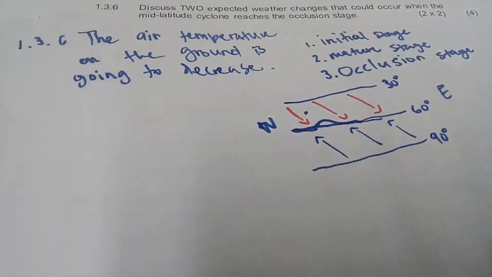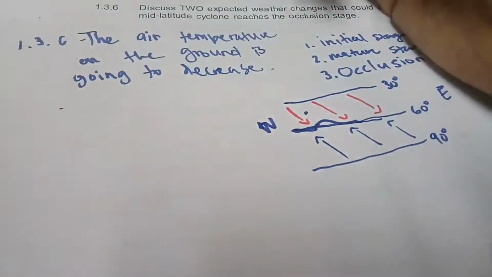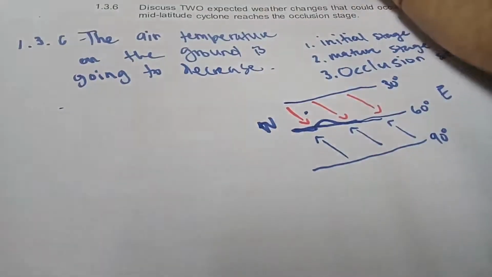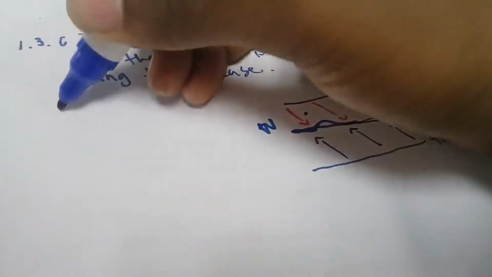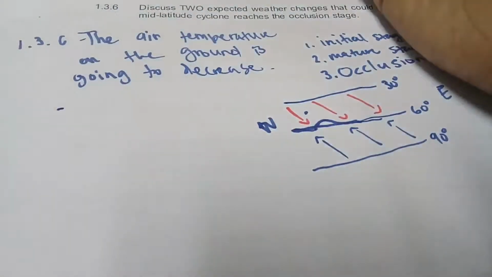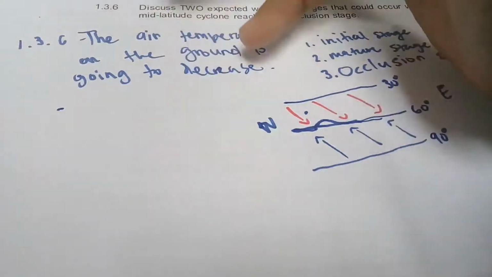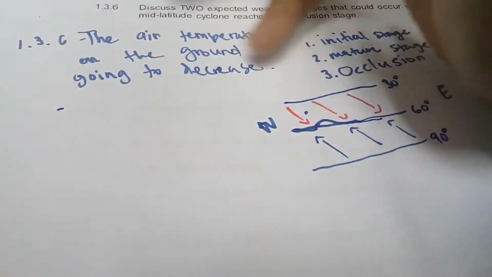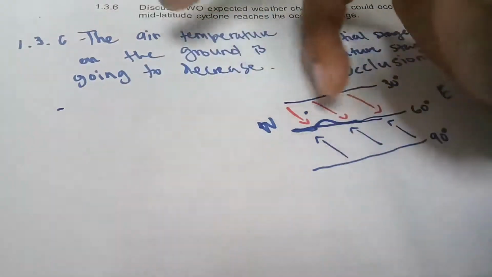Yes, that's it. That's number one. Okay, how many? They said two, 2 times 2, 4, so 2 marks each. I should write 2 points, but I'm going to write others. And during the occlusion stage, the temperatures will drop, right? Temperature on the ground is going to decrease.